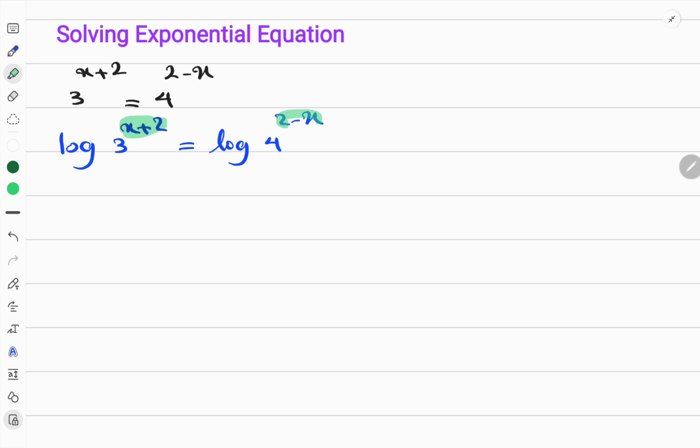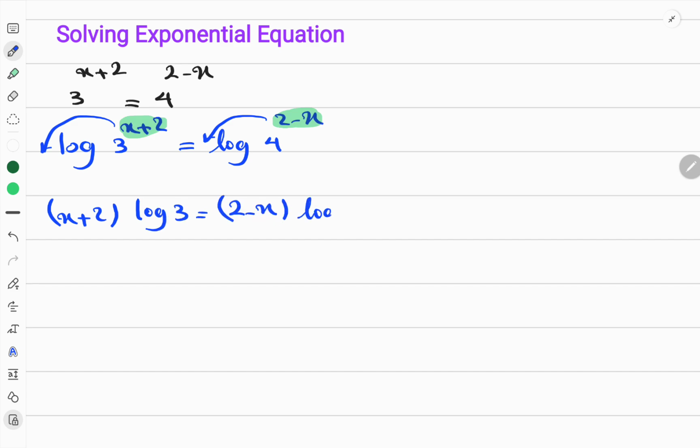We can move these powers in front of the expression: x plus 2 times log of 3 equals 2 minus x times log of 4, and divide both sides by log 3.